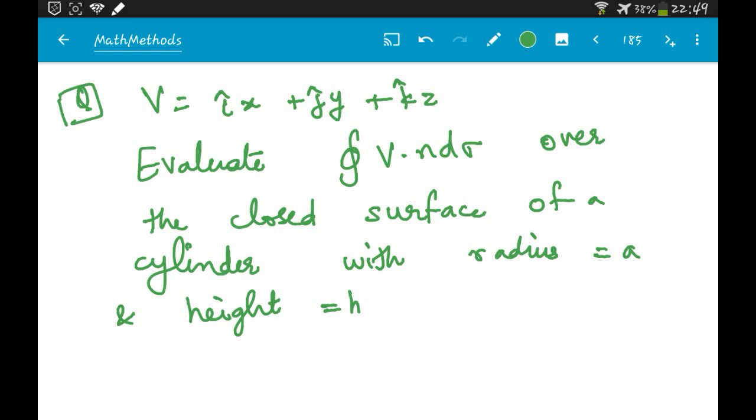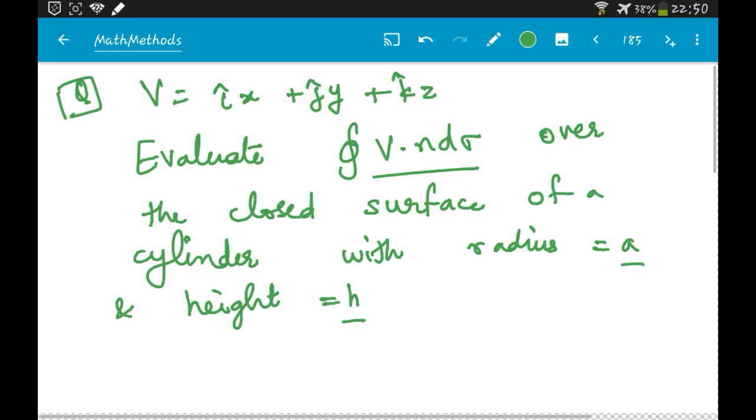So the radius of the cylinder is a and the height of the cylinder is h, and we need to find this integral over this particular cylinder. Okay, so let's see how we can do that.